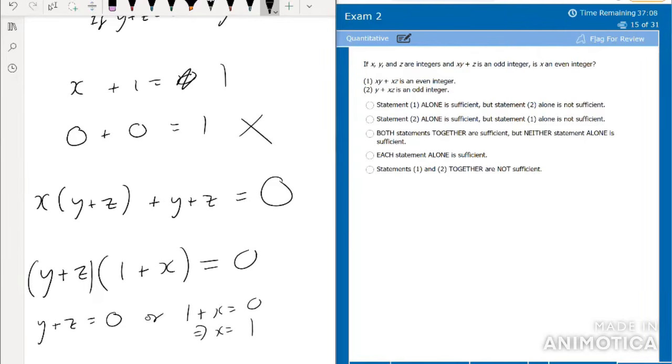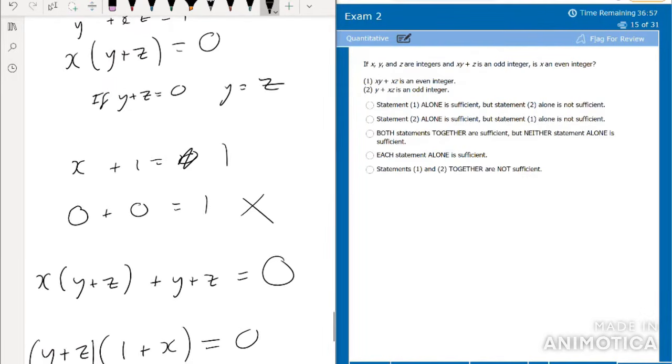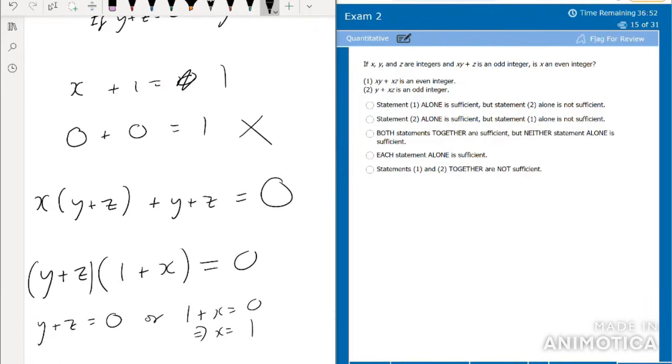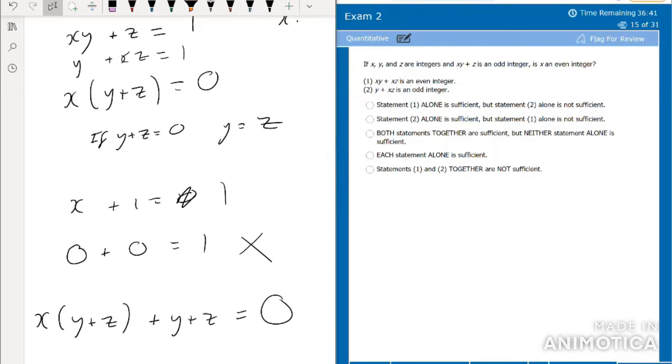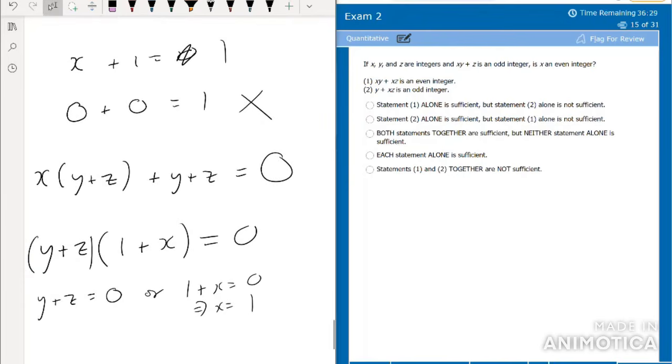But if y plus z equals 0, no, okay, so 2 isn't enough because we've got that x can be odd or even.